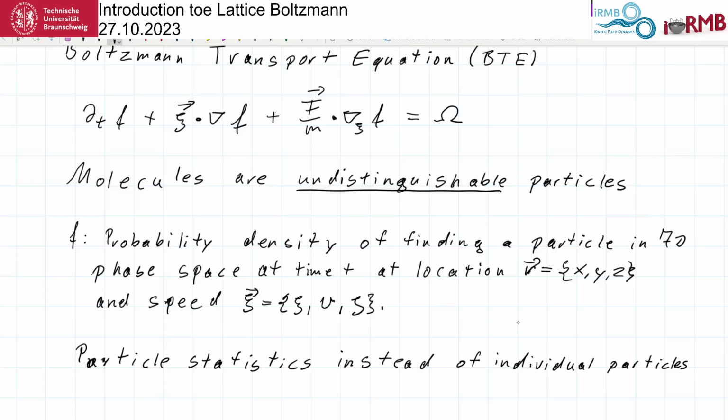So now with this, we went from individual particles already to a continuum, and the difference that we made here is that in the atomistic view, a particle has a certain velocity, whereas in this view, a particle is at a certain velocity.